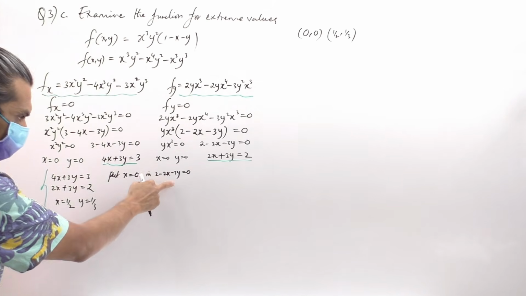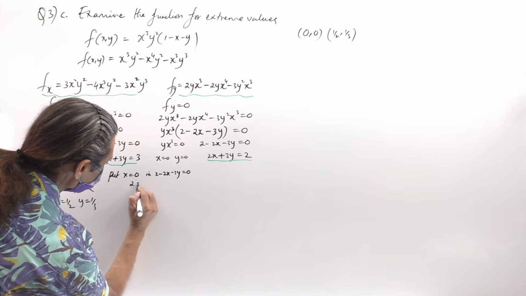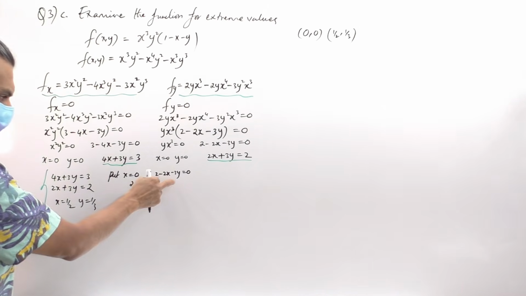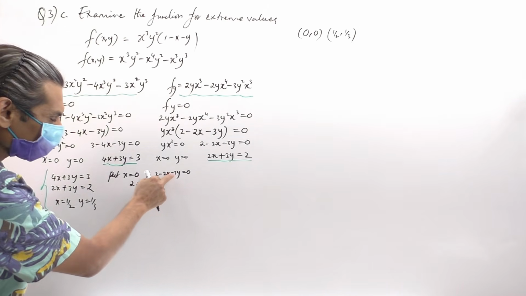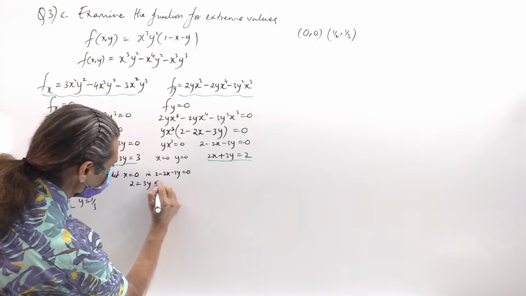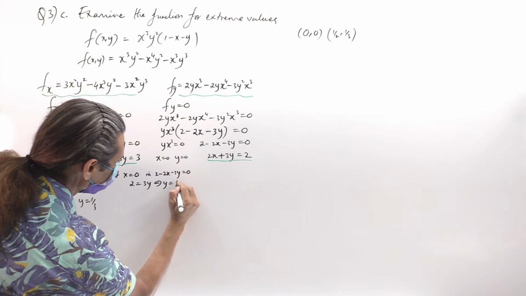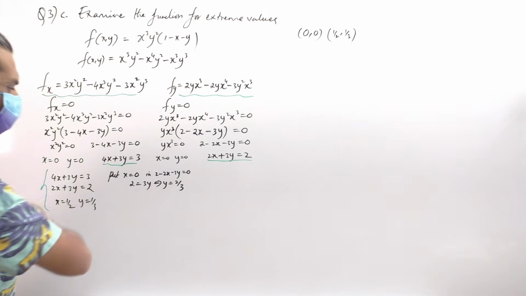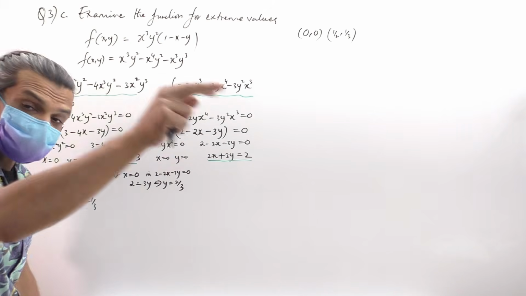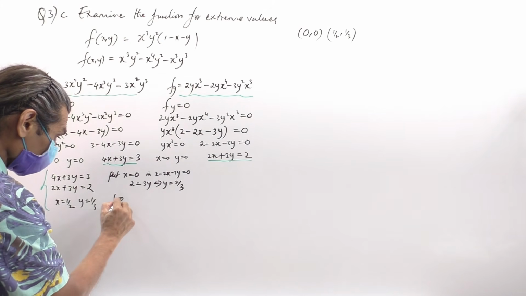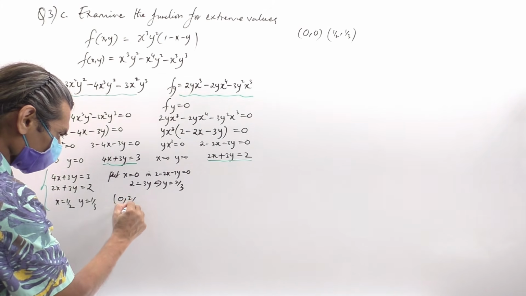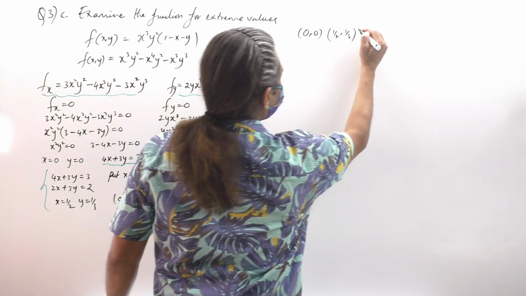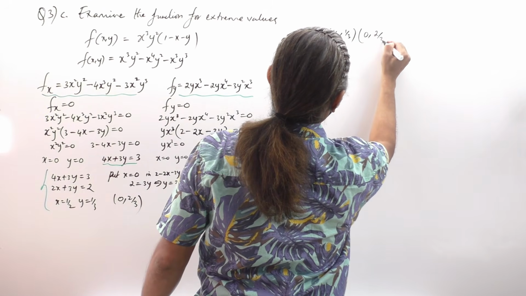If you put x is 0 here, then 2 is equal to 3y, so y is equal to 2 by 3. Therefore, for x is equal to 0, y is 2 by 3. So one more ordered pair is (0, 2/3).